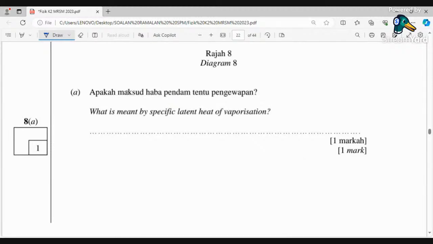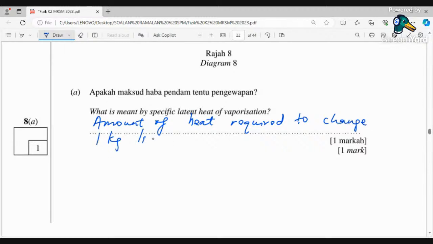Okay, ini memang kena memorize lah. No chance lah. Kalau tak memorize tak boleh tulis. Okay. Amount of heat. Kena ingat semua definition. Amount of heat required to change 1 kg of liquid to gas at constant temperature.